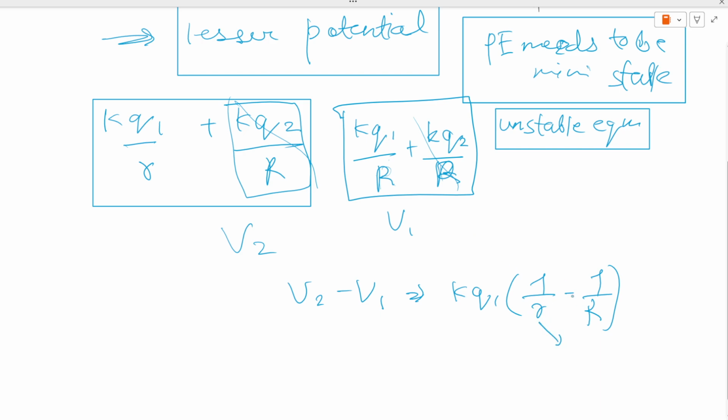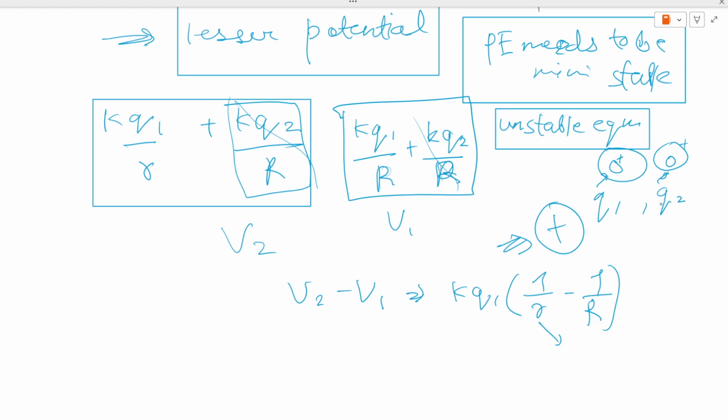Now, this is a smaller number because this is the inner radius. If the divisor is a smaller number, then this will be a larger number, right? And if the divisor is a larger number, then this will be a smaller number. So it is basically a positive value for any charge distribution with Q1 and Q2, where Q1 is on the inner shell and Q2 is on the outer shell, right?